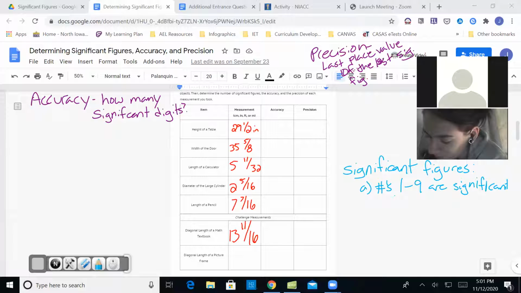We will always include those. So far, looking at our measurements, it seems as though they all have pretty high accuracy, meaning they have multiple significant figures. I don't see any zeros, and right now it's a good thing. But what we're going to see as we move on throughout the night is that zeros aren't always significant.